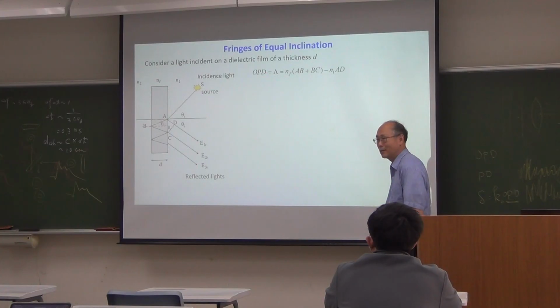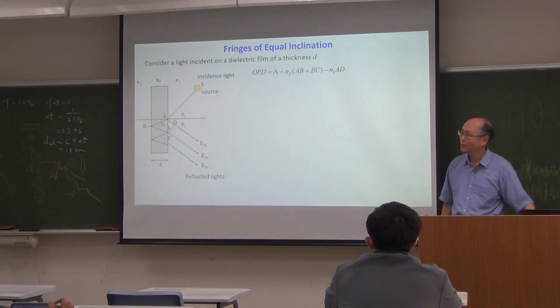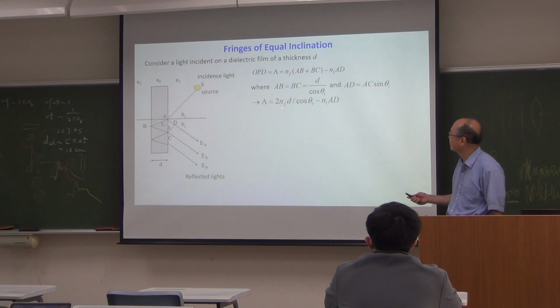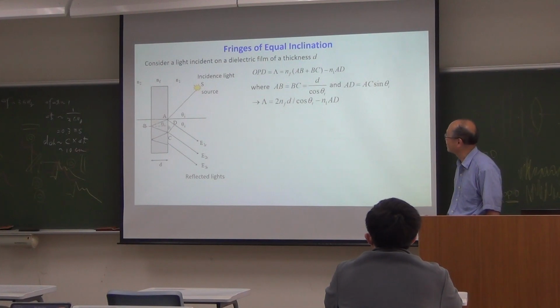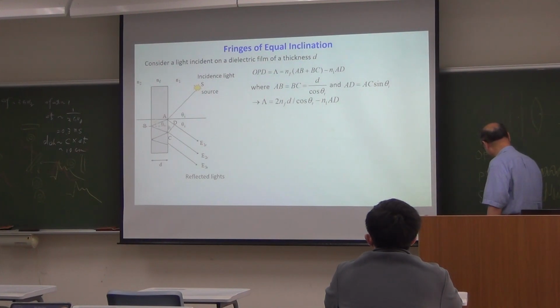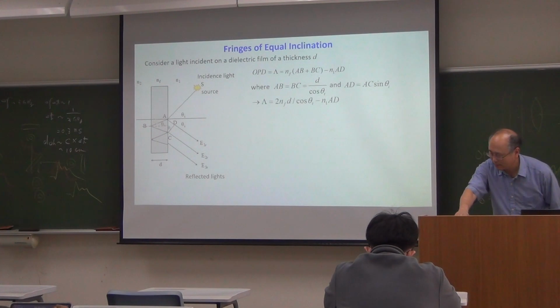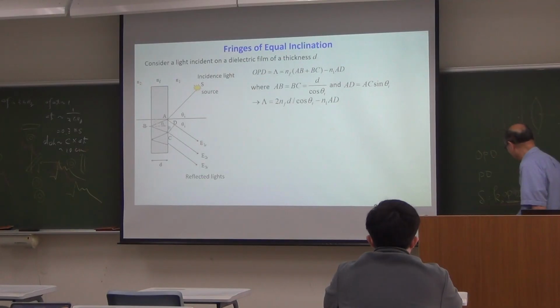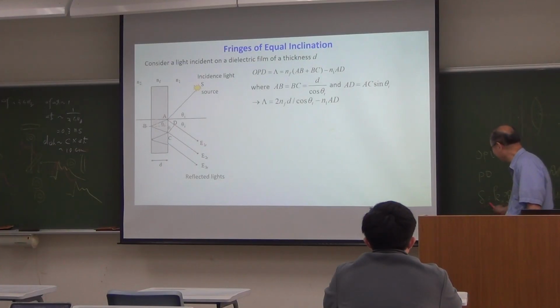Once you have it, you know the optical phase difference by multiplying this with k0. Remember that you have the optical path difference, you multiply with the vacuum wave number, you get the interference phase.